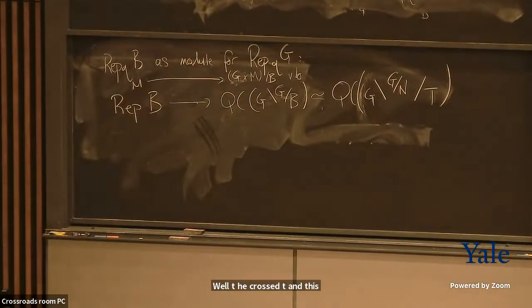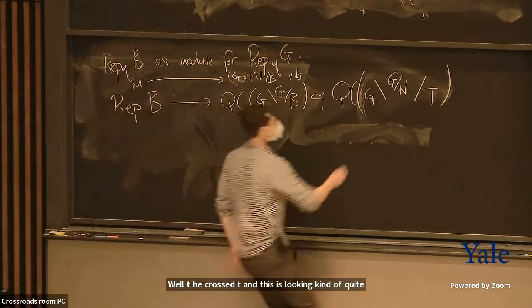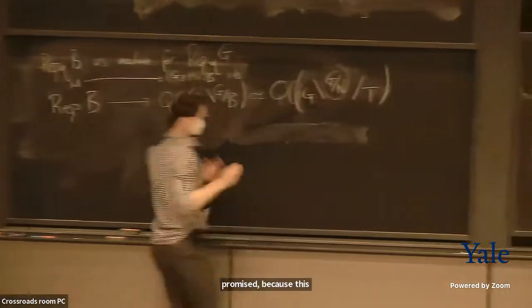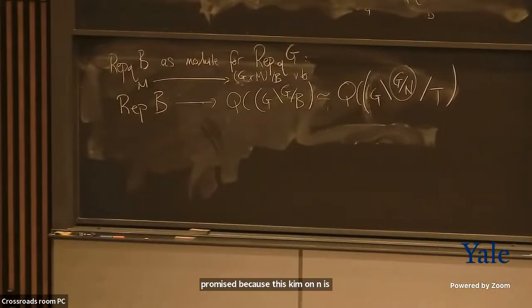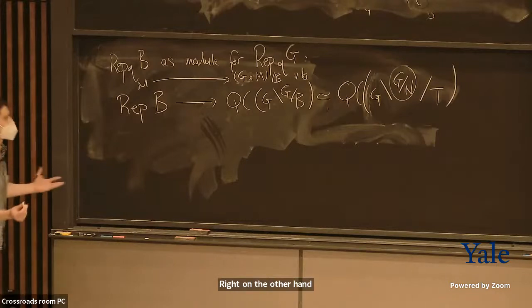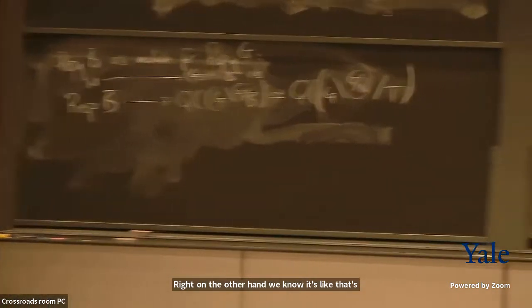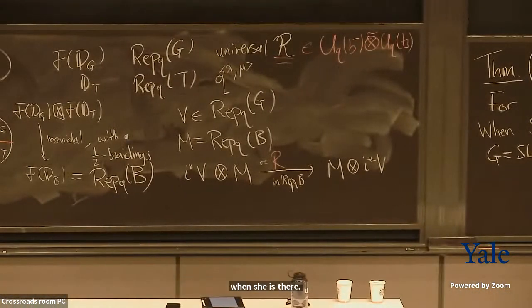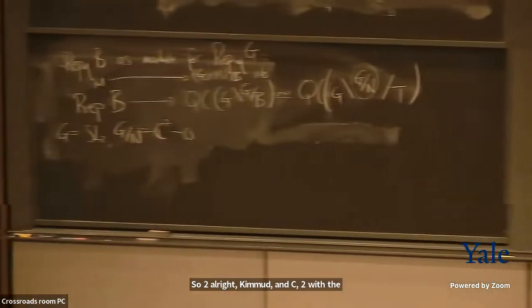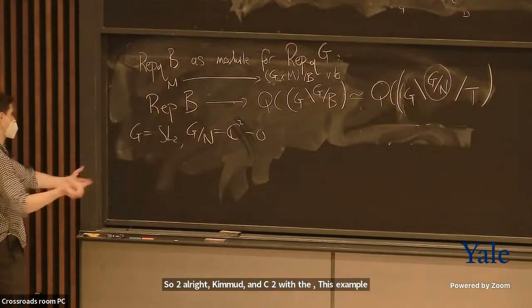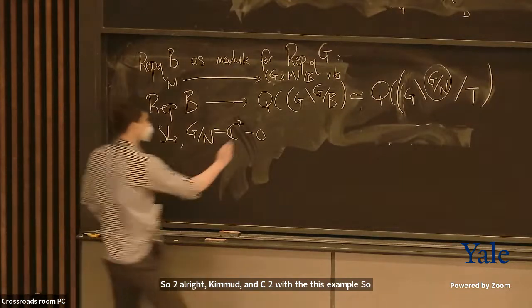This looks quite promising, because G mod N is rather close to being an affine variety. On the other hand, it's definitely not an affine variety. It's the first example one teaches: when G is SL2, G mod N is C^2 minus the origin, the first example of a quasi-affine but not affine variety. So it's not affine.